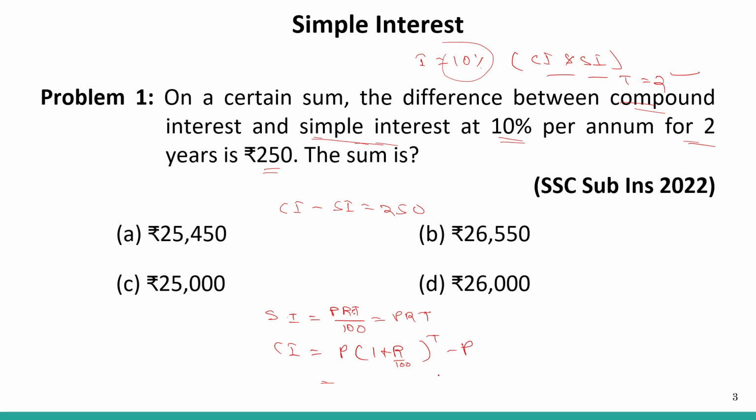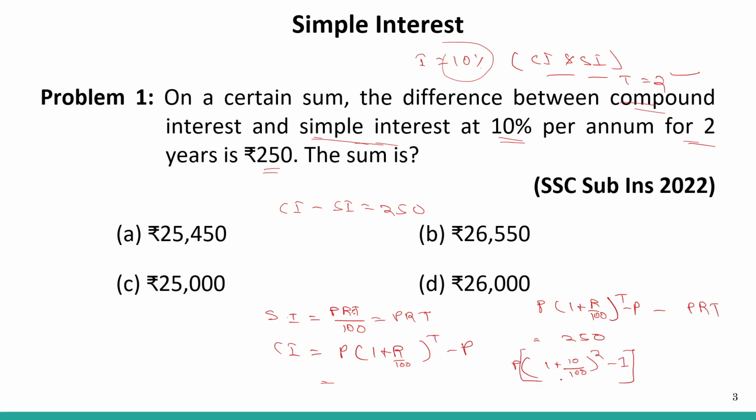So we are given that P into (1 plus R by 100) whole power T, minus P, minus PRT is equal to 250. You can take P common. R is given as 10, so 10 by 100, for 2 years.